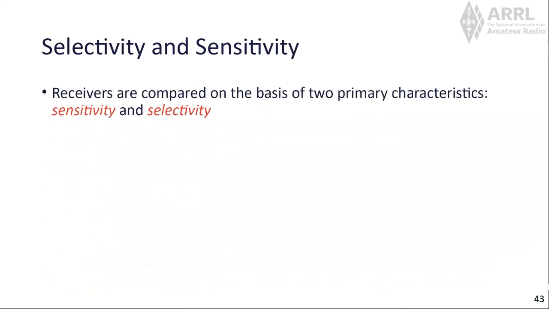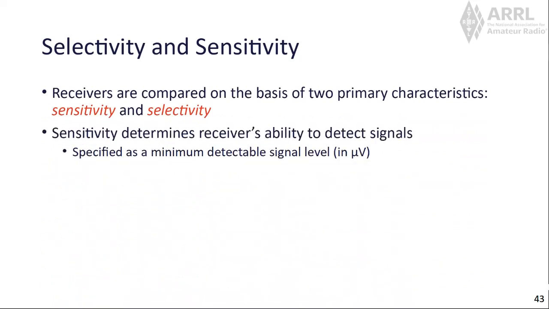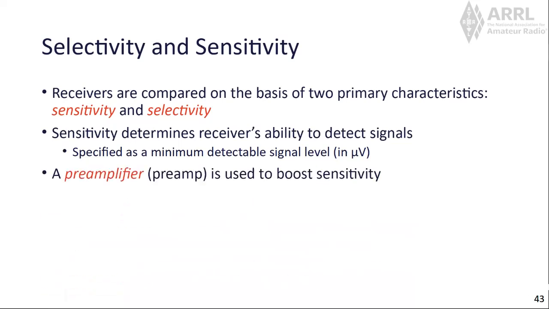Selectivity and sensitivity. Receivers are compared on the basis of two primary characteristics, sensitivity and selectivity. Okay? Sensitivity determines a receiver's ability to detect signals, and it's specified as a minimum detectable signal level in microvolts. That's not much of a volt.